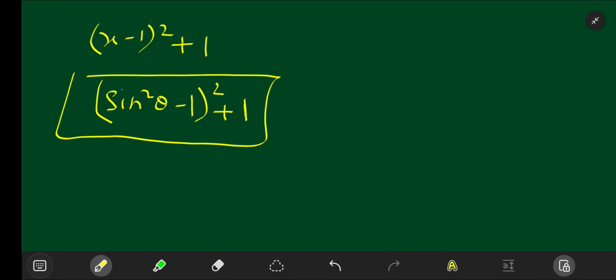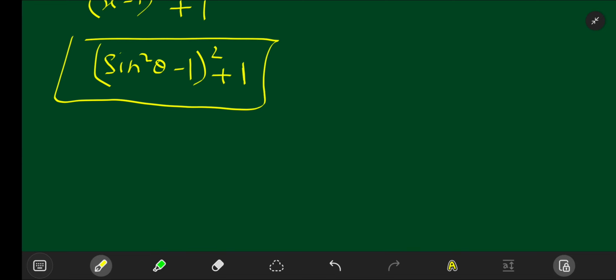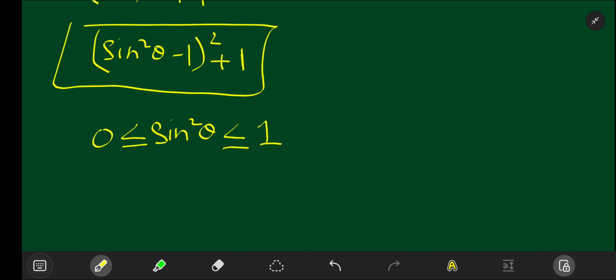Now, sin square theta: what is its range? Its range is from 0 to plus 1. Yes or no? Yes.